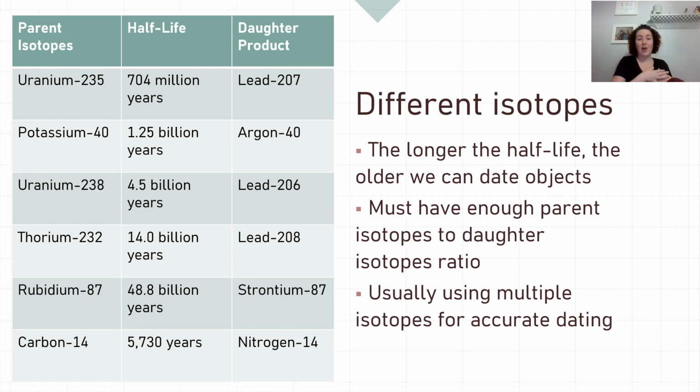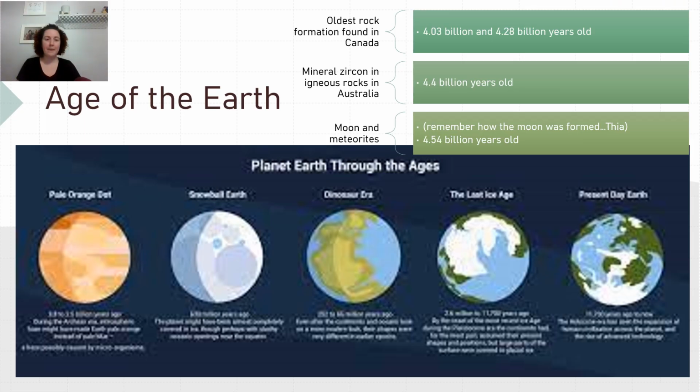We can date it back all the way to the actual birth of our universe and our Earth. And this sort of thing is what we use to actually age the Earth. Cool, fun tidbits. I love this sort of information.